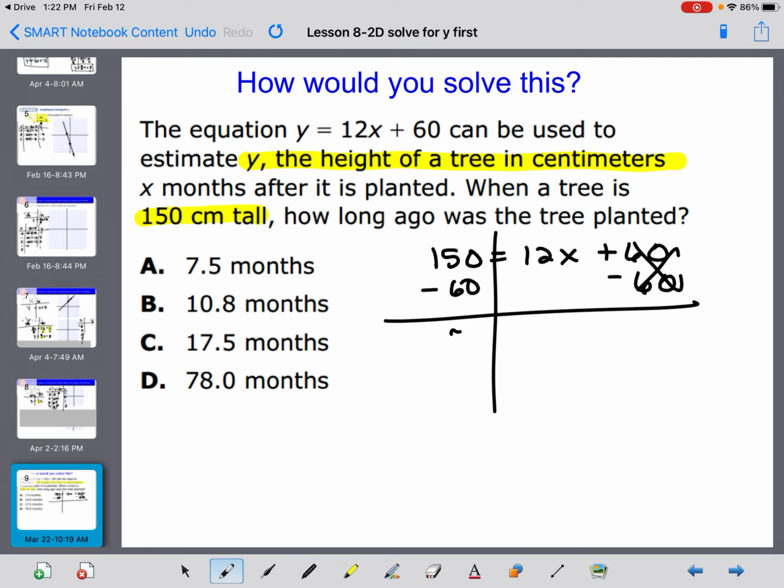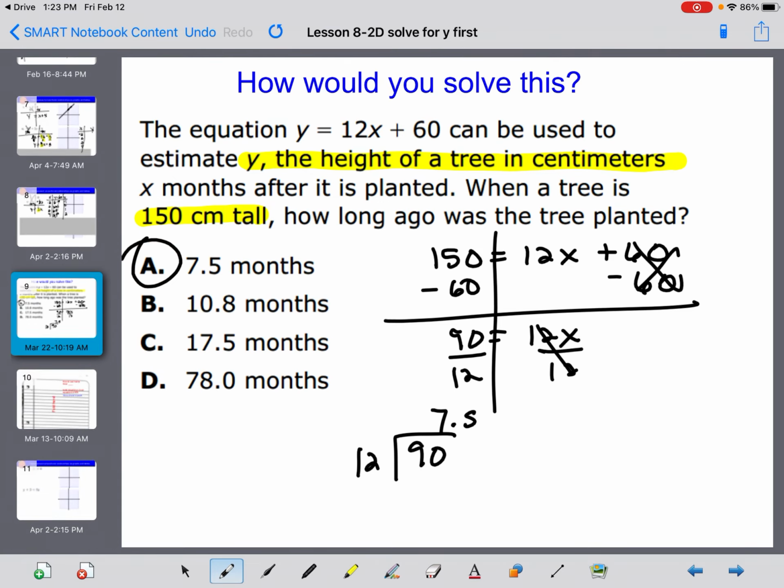And I end up with, and you divide both sides by 12, and then you do 90 divided by 12. 12 goes into 90. Let's see. So my answer is A, 7.5.